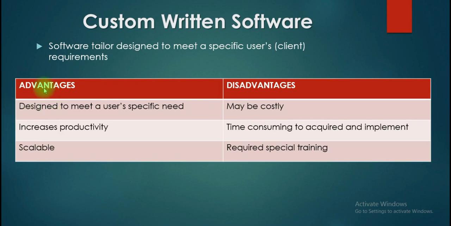Right? So on the plus side, these are designed to meet the specific needs of the end user. Of course, it will increase the productivity, and they are typically scalable, which means that they can be added upon.